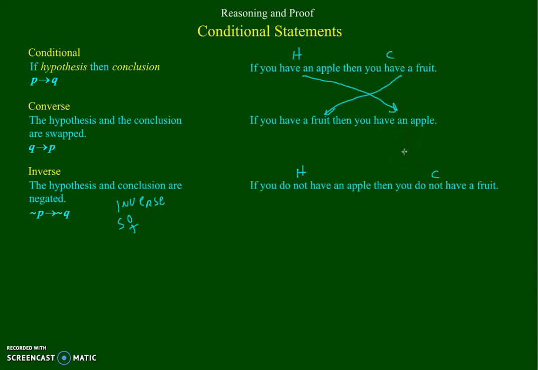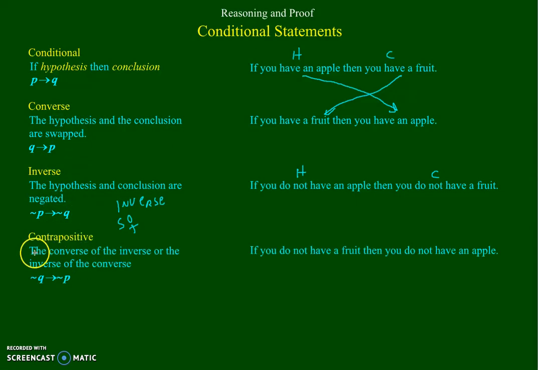And the fourth one is a combination of both the converse and the inverse. This is called the contrapositive. The contrapositive is the converse of the inverse, or you could say it's the inverse of the converse. And the logic statement for the contrapositive is, if not Q, then not P. So let's look and see what happened here from the original.